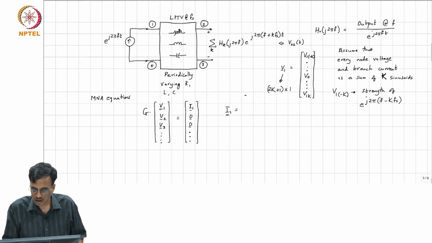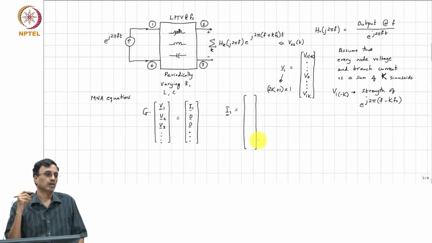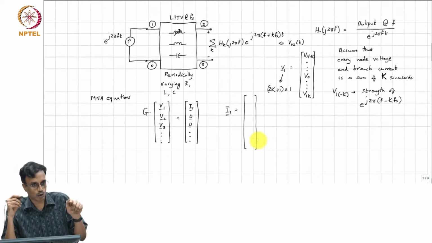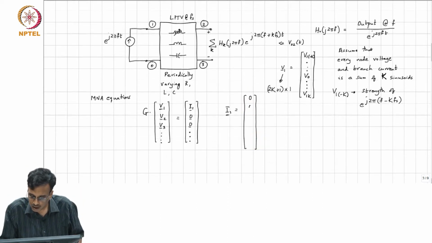Is simply the vector of components of the current which are exciting node 1, and they are all 0 except for, basically, this will be 1, right. So basically this is the kth or k plus 1th term.